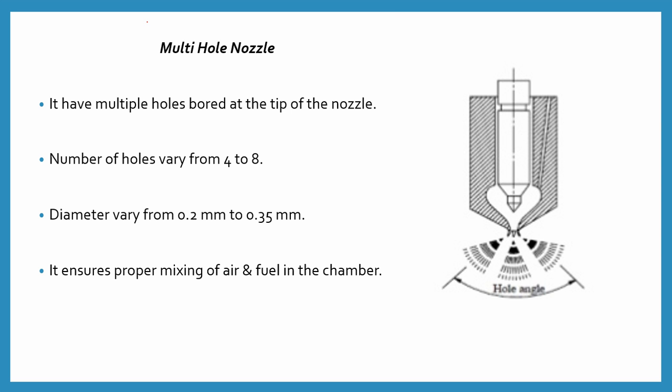As the number of holes is increased, it provides better fuel distribution. As better fuel distribution is generated, more power is created, because the air and fuel are properly mixed together and the mixture is ignited properly.